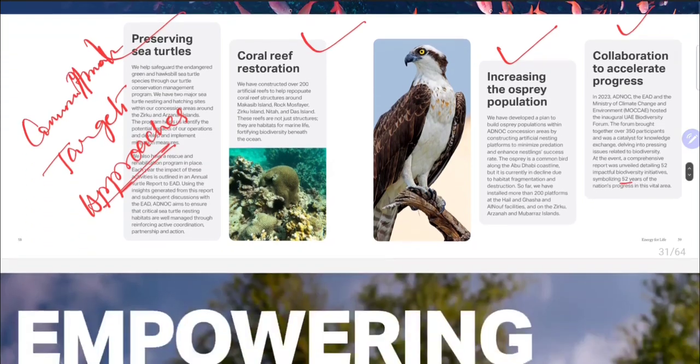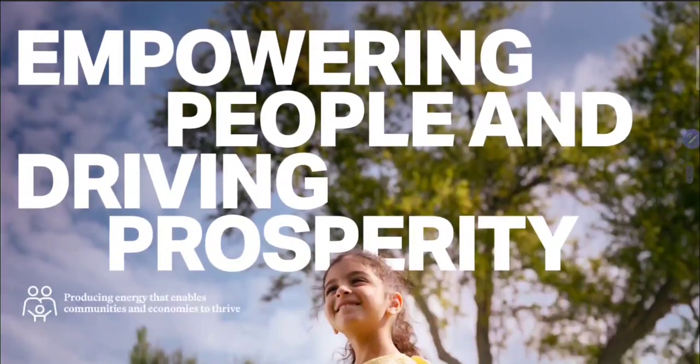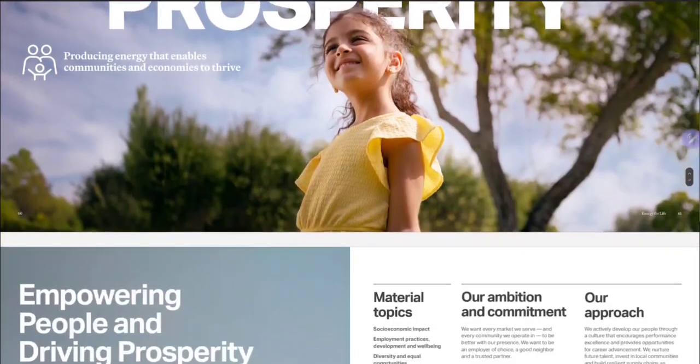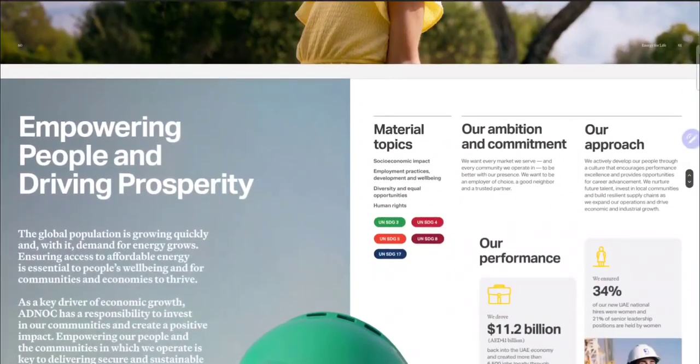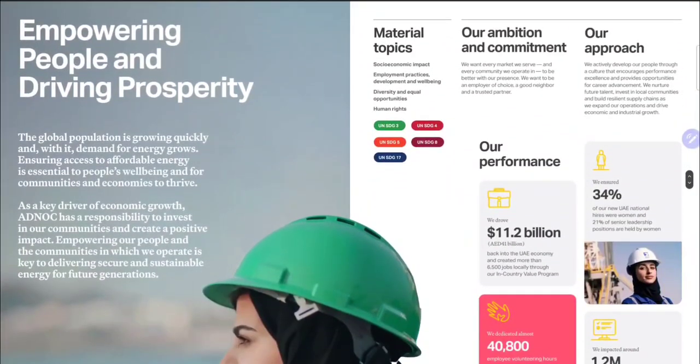The next comes empowering people and driving prosperity. So the social part you can see here, the social and economic contribution of the company. Materiality topics are there, then relevant SDGs, Sustainable Development Goals, their commitments, the company's approach.